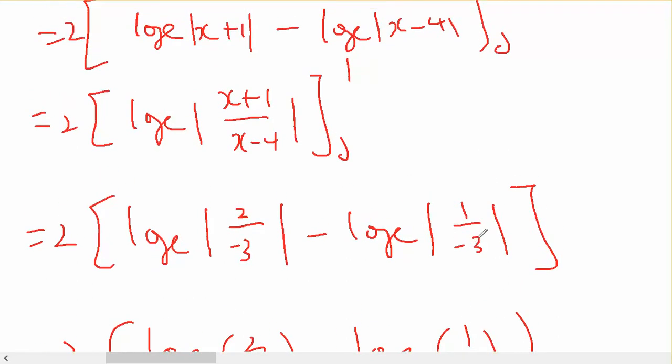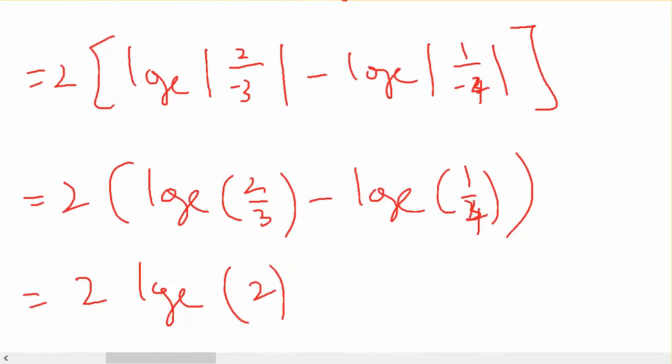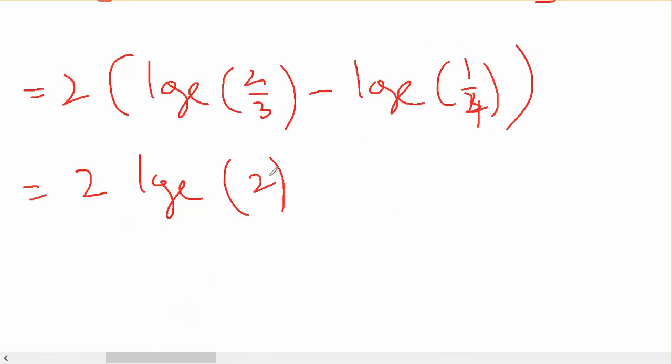If I put in 0, that gives me a quarter, which means that is 8/3. 2 log base e of 8/3 is going to be my answer.